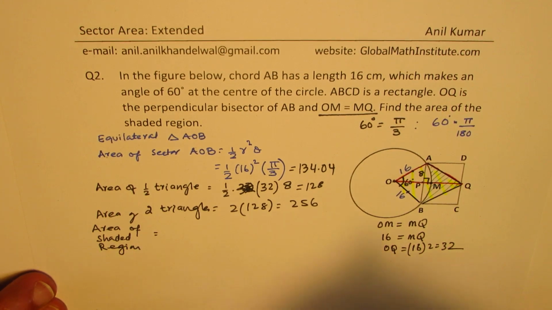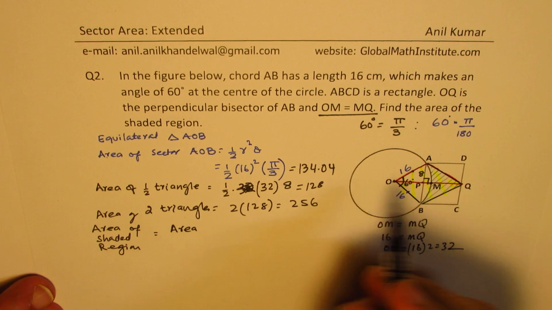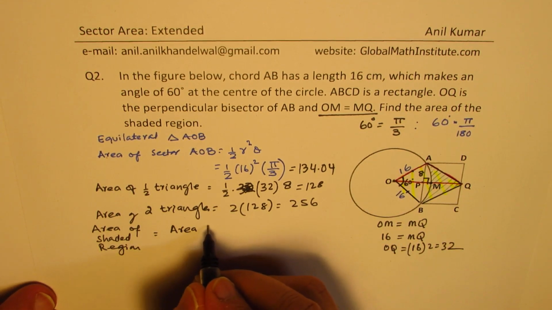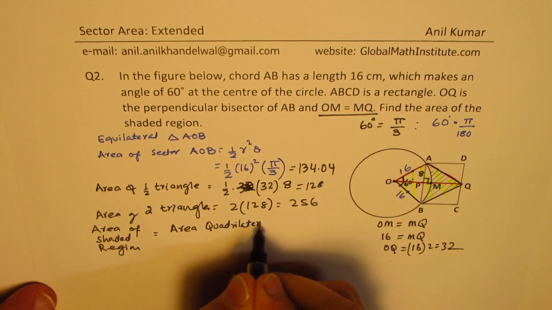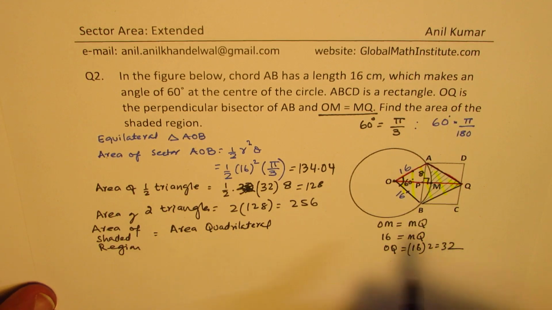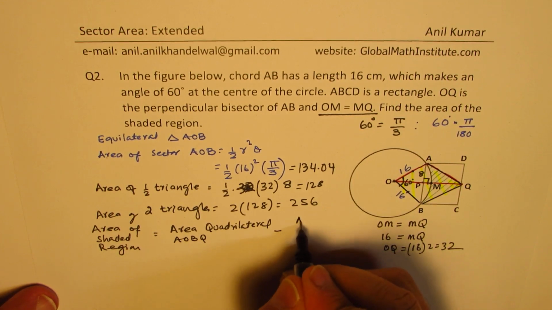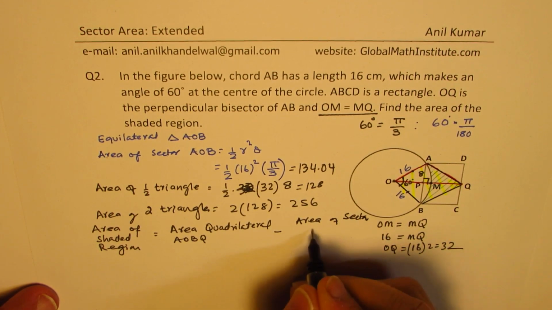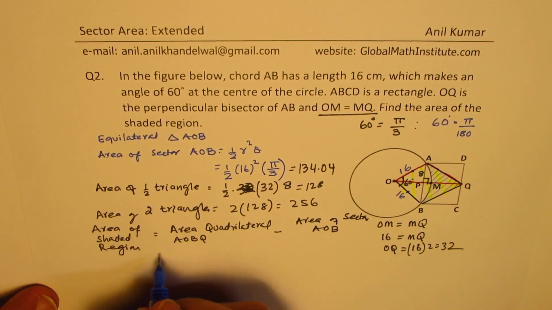It is basically area of triangle, I shouldn't say now because we have added two sides. So area of quadrilateral AOBQ, take away area of sector AOB, right? So that's the formula.